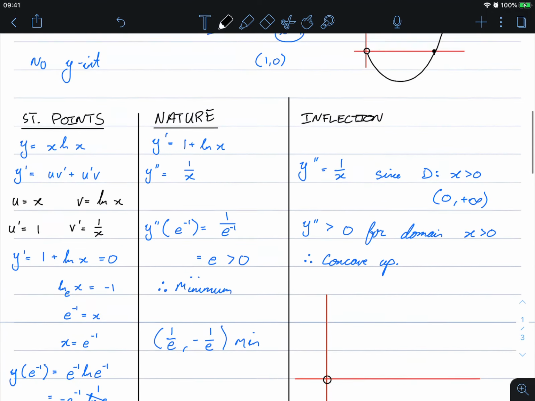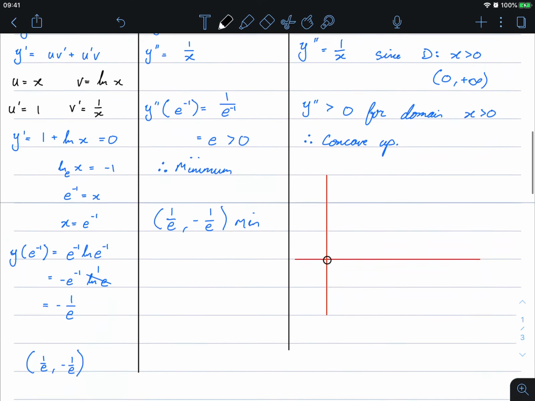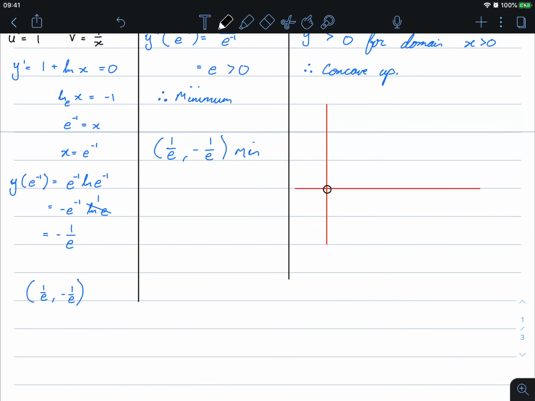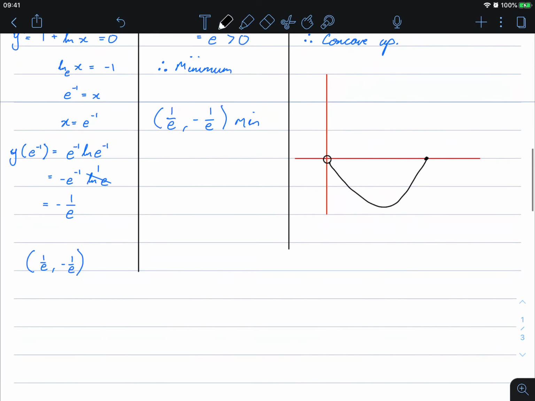At x equals 1, there is a point of intersection, the root, and it goes like this. Again, this is approximating what it looks like. This value here is 1 on e, negative 1 on e.